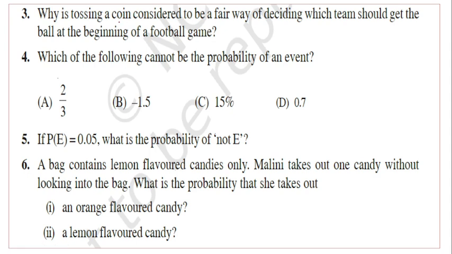Now, why is tossing a coin considered to be a fair way of deciding which team should get the ball at the beginning of a football game? Because we will be getting equally likely outcomes.